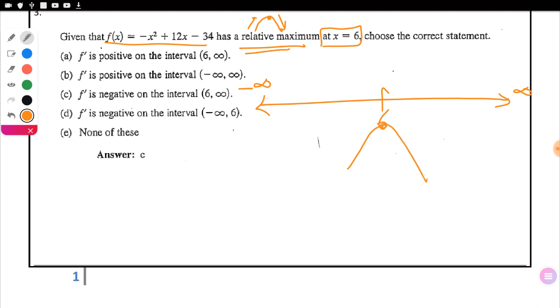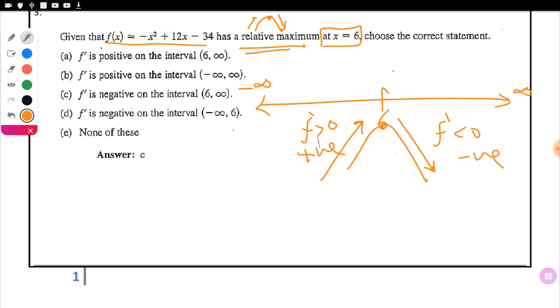This means the function before 6 is what? Increasing, and here what? Decreasing. As you know, if the function is increasing, the first derivative is what? Positive. If the function decreases, the first derivative is what? Less than 0. Here positive, and here what? Negative. Clear or not clear?